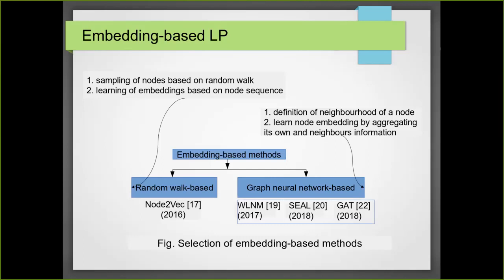For random walk-based approaches, we select node2vec. This is one of the popular node embedding approaches based on random walk. And for graph neural network-based methods, we select 3 methods. First of all, WLNM. Later I will discuss it in more detail, maybe some intuition.